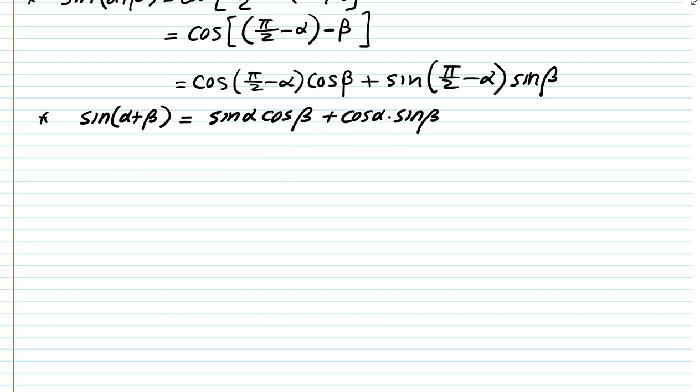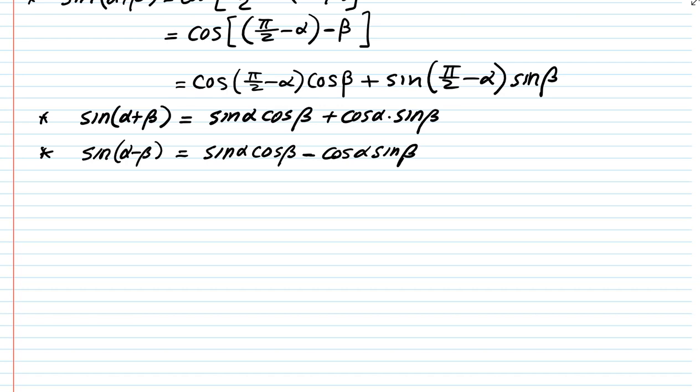And there you have it. Without showing details, sine of alpha minus beta, therefore, is sine cosine minus cosine sine. There we have that one. And there we have those key formulas.